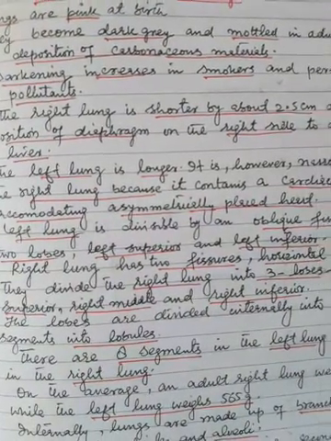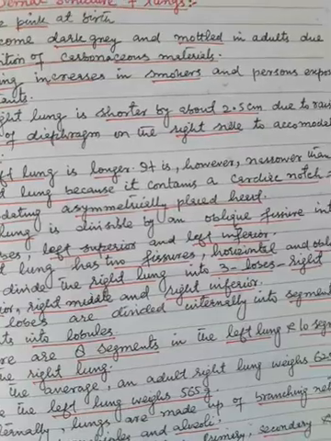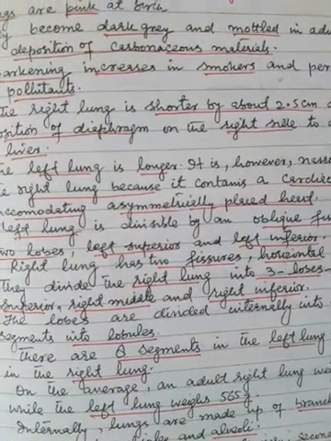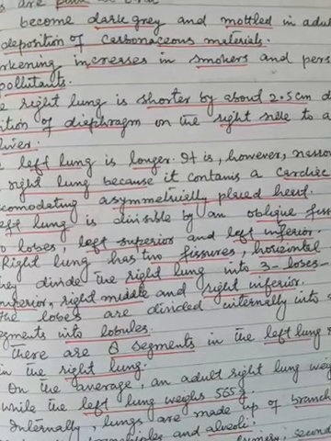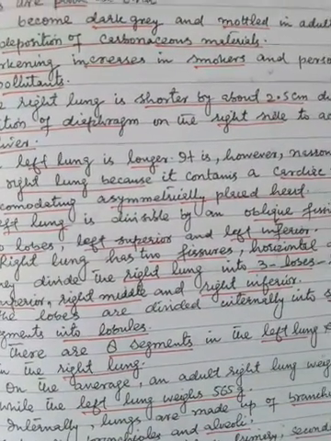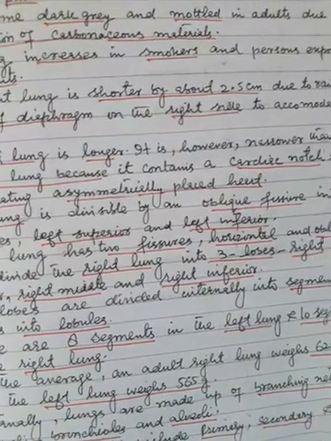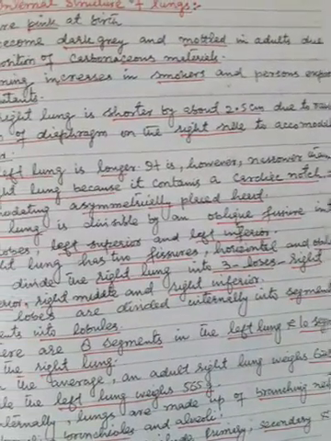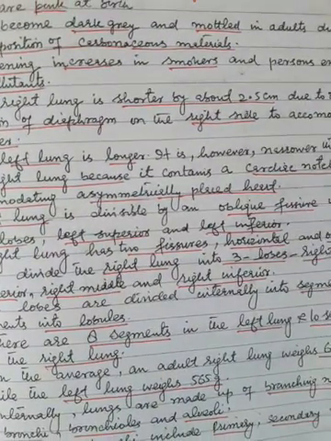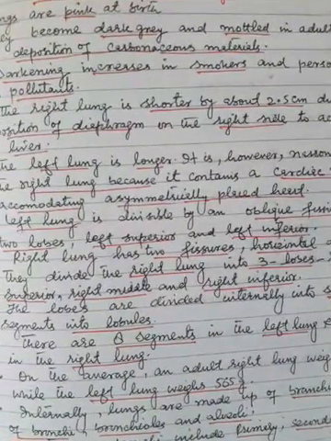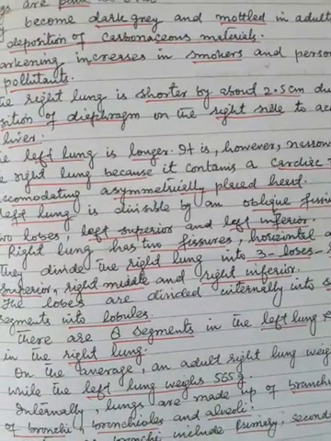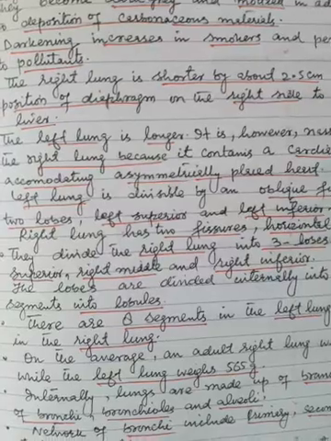The left lung is divisible by an oblique fissure into two lobes, left superior and left inferior. The right lung has two fissures, horizontal and oblique. They divide the right lung into three lobes: right superior, right middle, and right inferior.